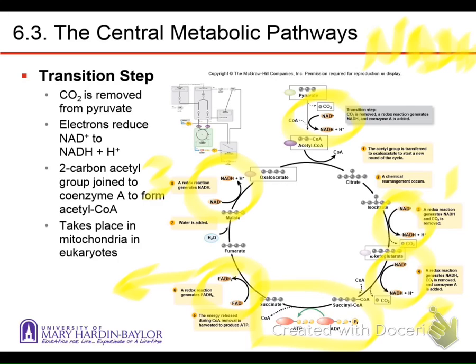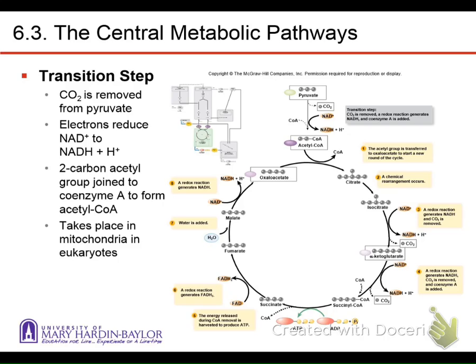Because if the organism, like your mitochondria, has the electron transport chain, you can actually get more ATP, but it's not coming directly from this TCA cycle. It's coming indirectly by feeding all of those electron carriers into the electron transport chain.